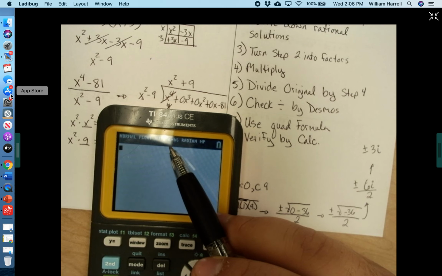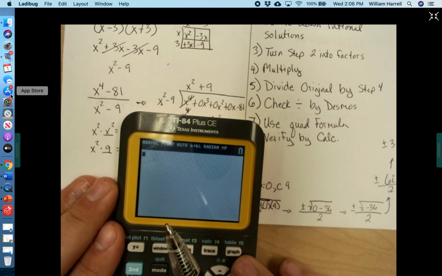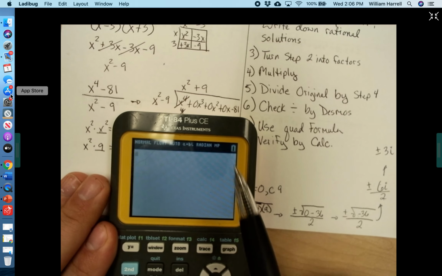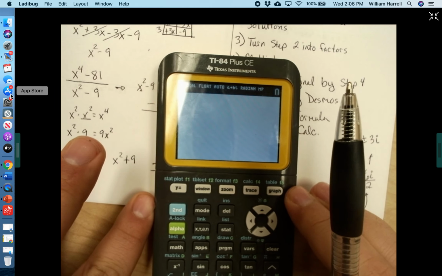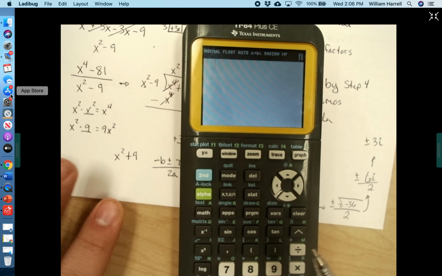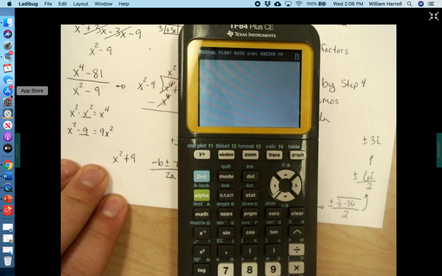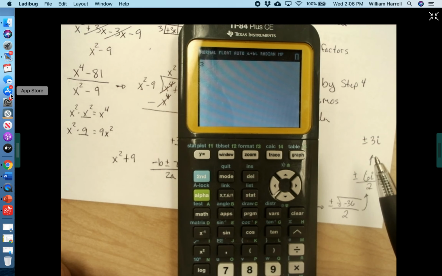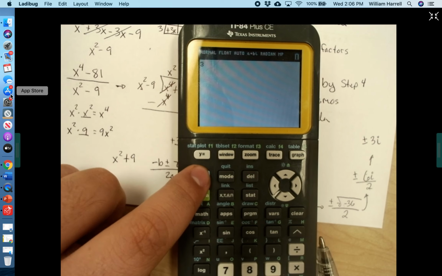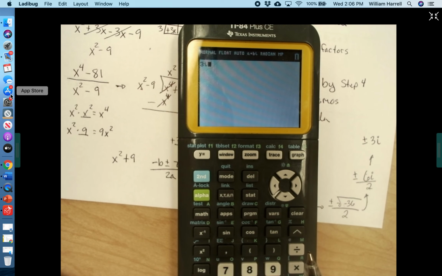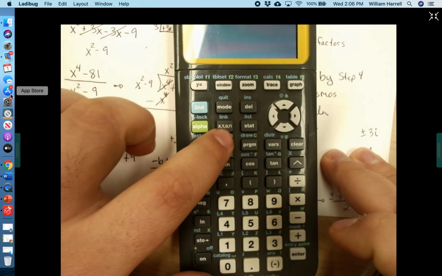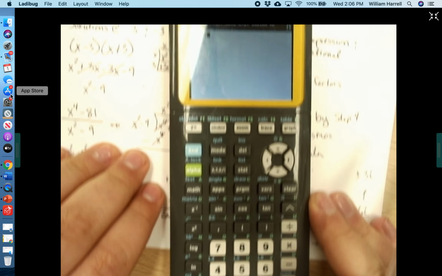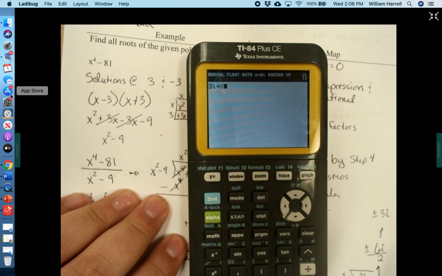Up here at the top, if you can see it, it'll actually tell you a plus bi mode. From here, what I do is I take a solution. So I'm going to type 3. Where you get the i on your calculator is second decimal. Store that value for x, and then you want your calculator to remember it, so you hit enter.